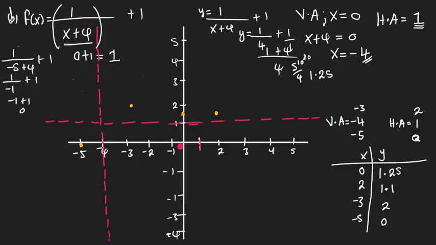So for this one, the point that you're going to follow, looking at your vertical asymptote and your horizontal asymptote, you're going to consider this guy here.